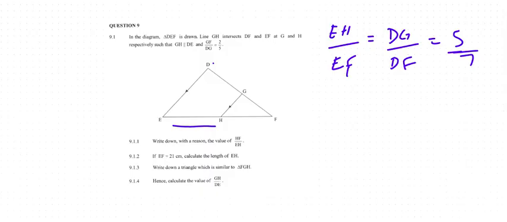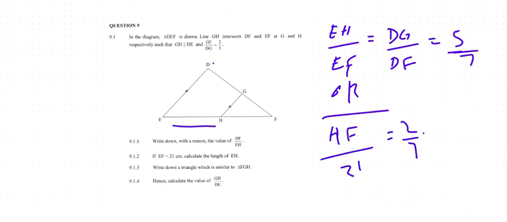We have HF by 21 equals 2 by 7. And this is HF equals 6 centimeters.